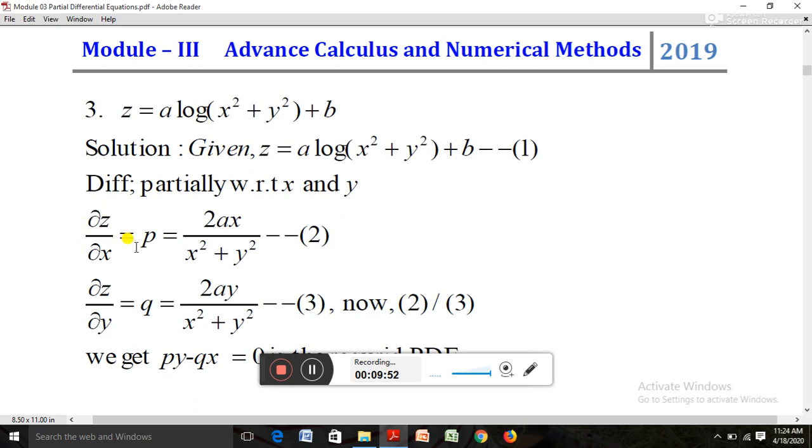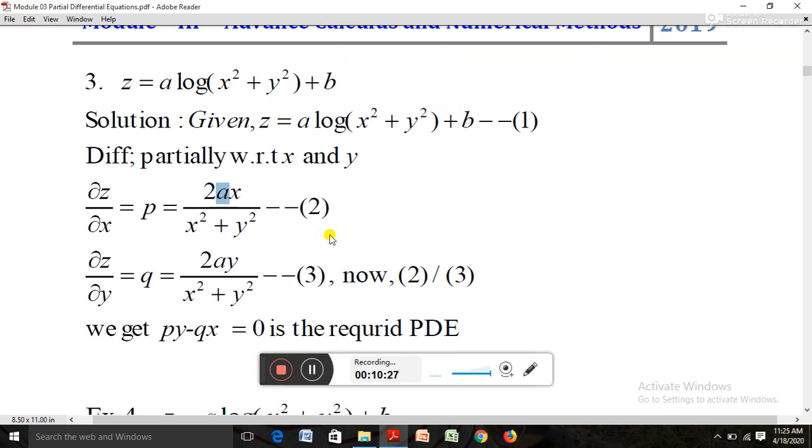So dou z upon dou x, which we denote as p, is equal to a as it is times the derivative of log of x square plus y square, which is 1 divided by x square plus y square into the x square differentiation, 2x. 2x into a is 2ax, plus y square differentiation is 0, and b is a constant, so 0. The remaining term is 2ax only. So this is the second equation.